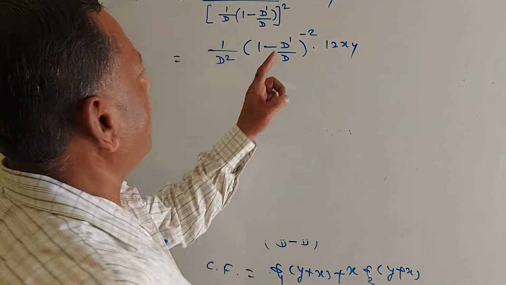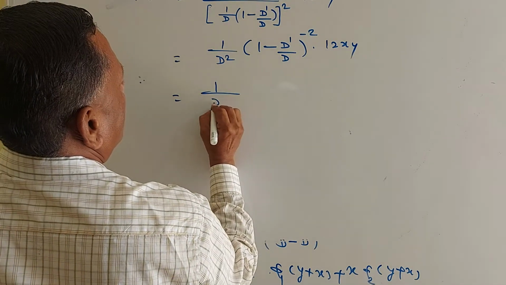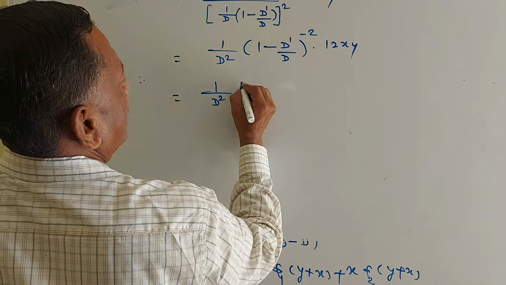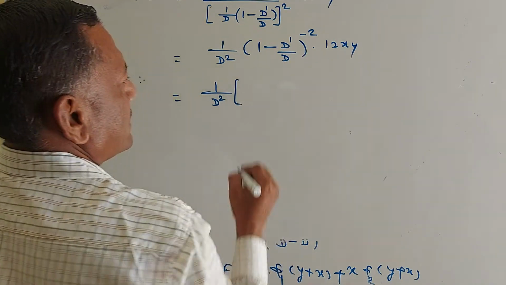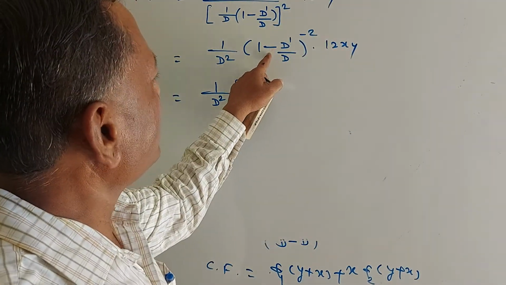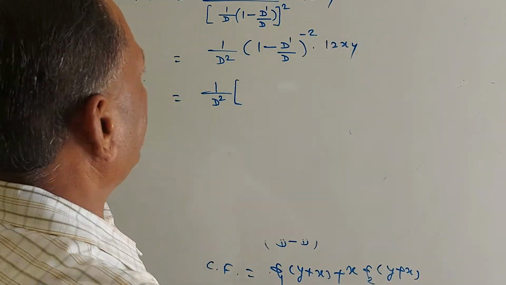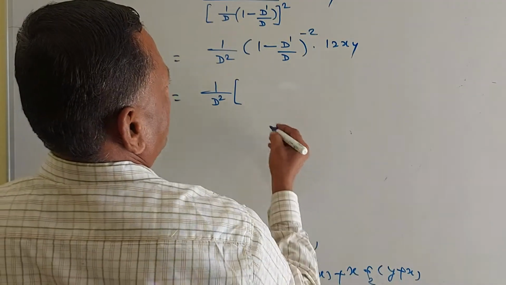Then by making use of binomial expansion, it is equal to 1 upon D square in bracket, the expansion of this. Here it is minus, so all signs are positive. If here plus, then signs are alternate, minus plus and so on.